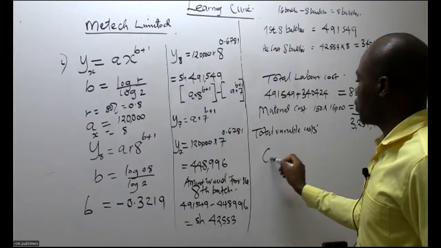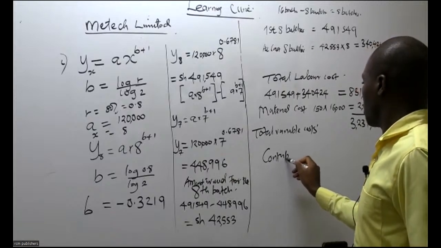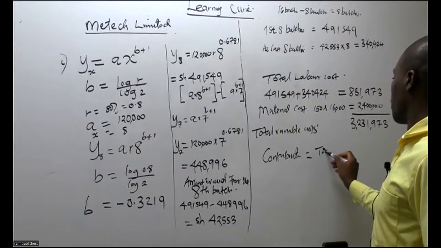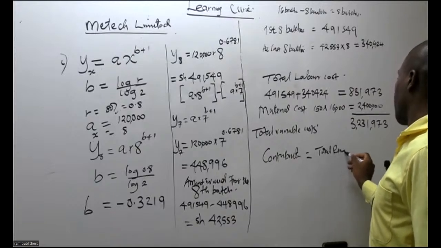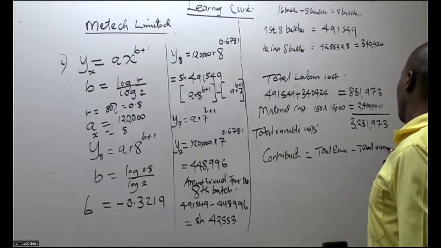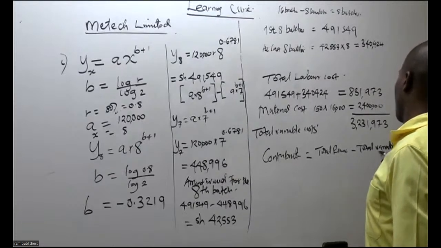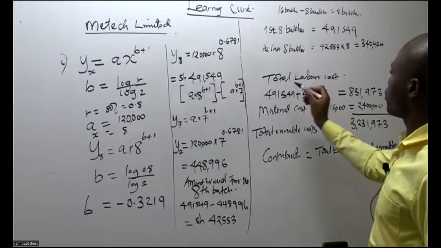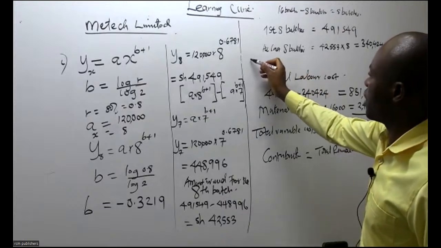How do we normally get contribution? Contribution is equivalent to total revenue or sales less total variable costs. Do we have total revenue anywhere? We can get total revenue somewhere here.